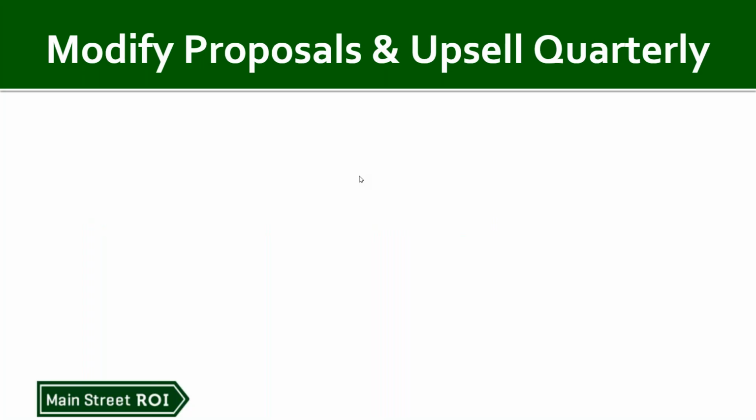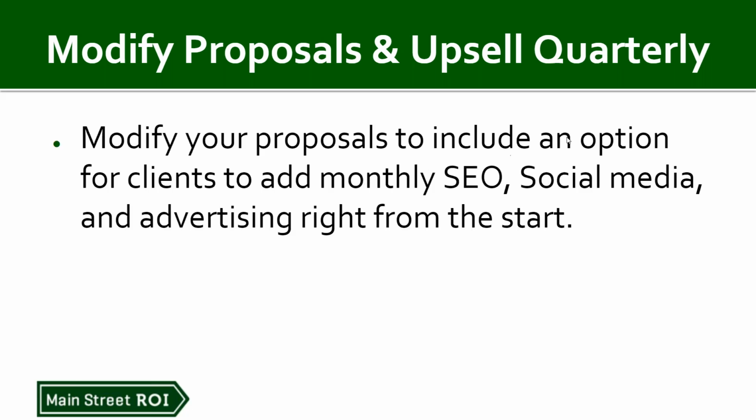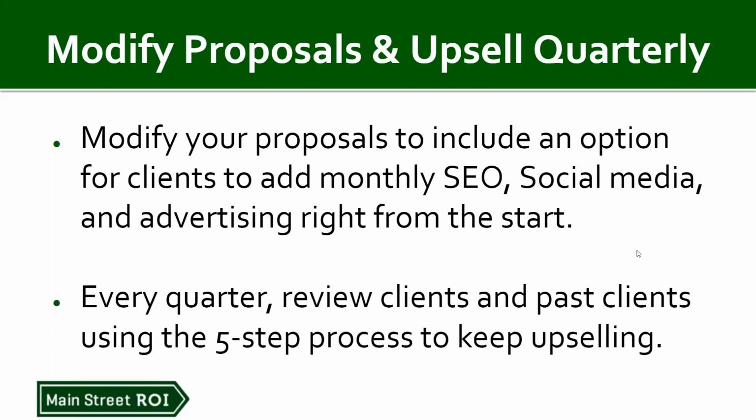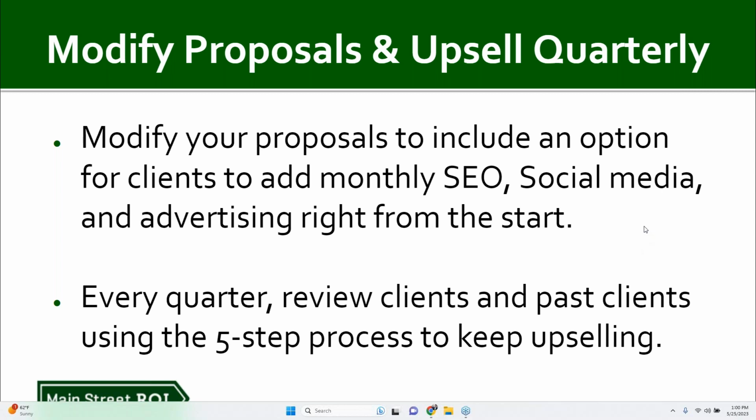So we were talking about phase one of the sales process. Phase two would be actually modifying your front end proposals to bundle in recurring revenue from SEO, social media, and advertising right from the start. And then I would recommend on a quarterly basis reviewing your existing clients, because not everyone's going to take you up on the recurring revenue on the front end.